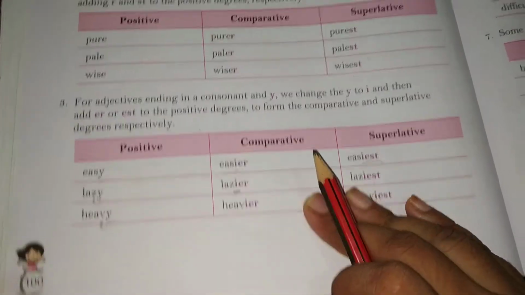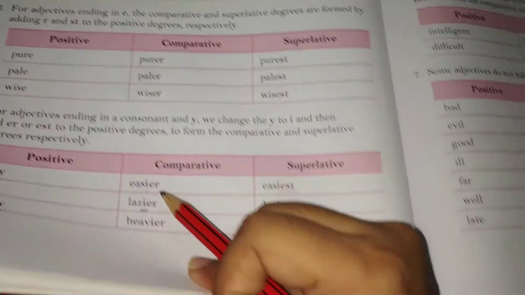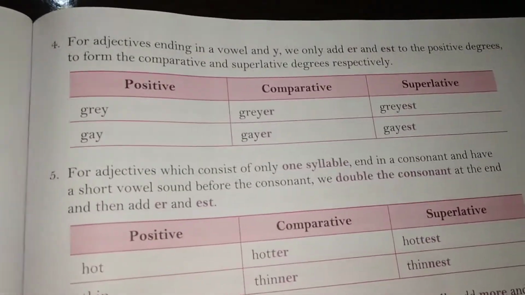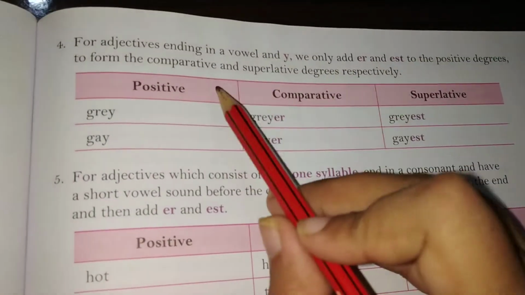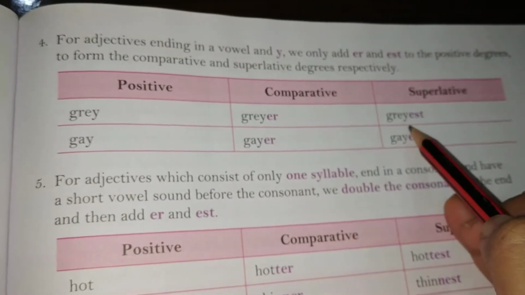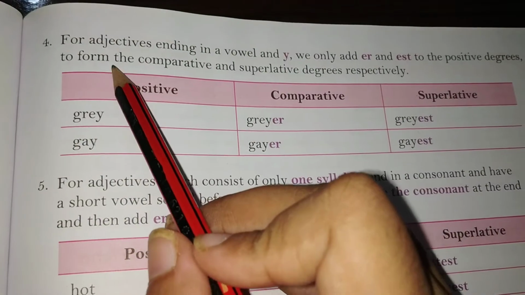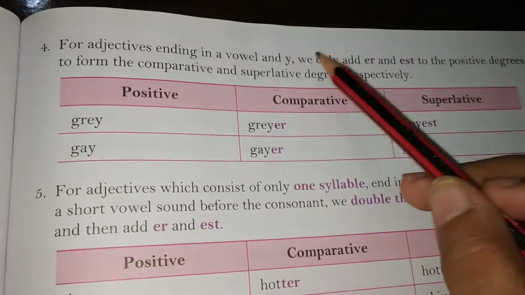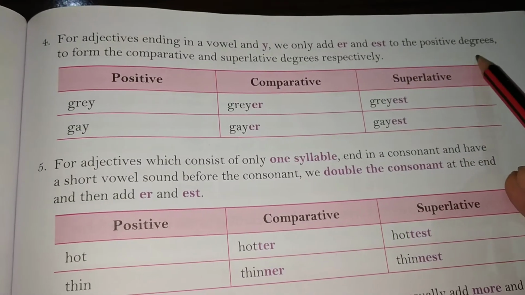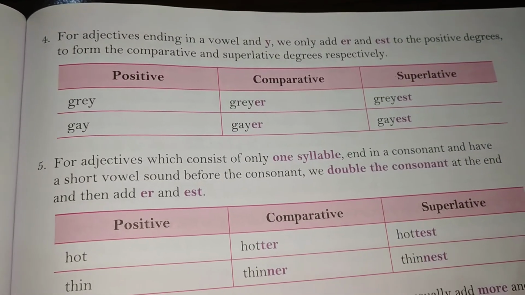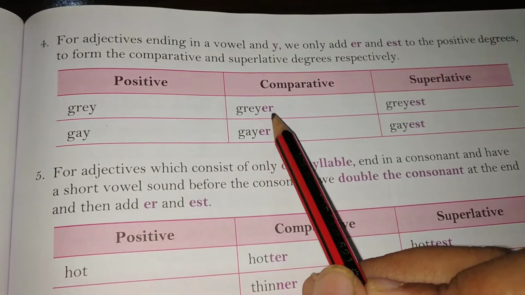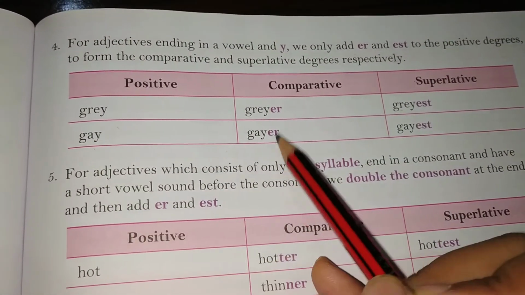But students, there are some words that end with y but before y there is a vowel, not a consonant. Then what will we do? For this type of words we simply add er and est. For adjectives ending in a vowel and y, we only add er and est to the positive degree to form the comparative and superlative degrees respectively, like grey, greyer, greyest, gay, gayer, gayest.